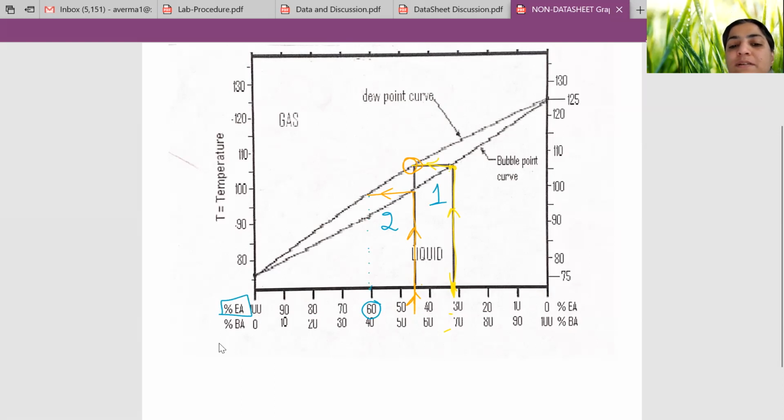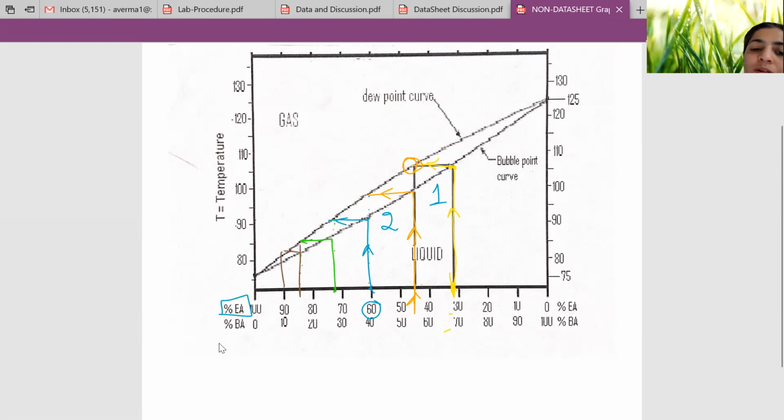You collect this material, you evaporate it, you cool it, and you see the new composition, followed by evaporating, heating again, and you see there is increase in the purity of ethyl acetate.